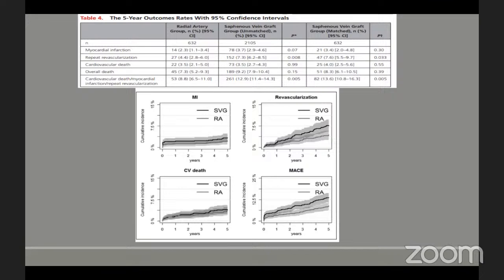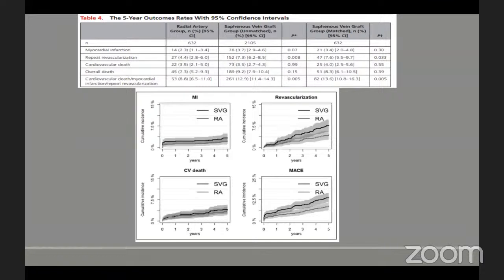Also in cardiovascular death, 73, in the saphenous vein graft group unmatched. Overall death was also higher in the saphenous vein graft group unmatched, 189, and cardiovascular death, myocardial infarction or revascularization also, number of 261, with the saphenous vein graft group unmatched.